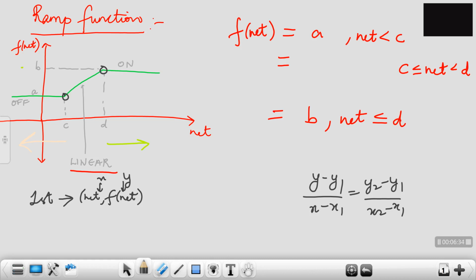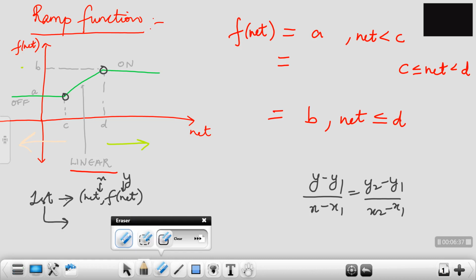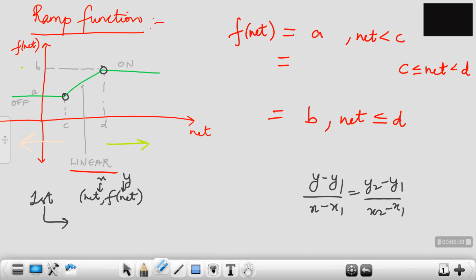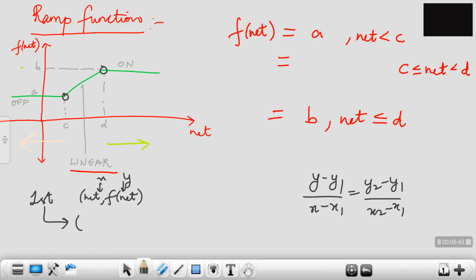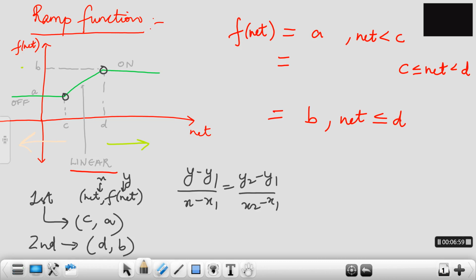So first point is nothing but C, that is here, C comma A. And second point is nothing but D comma B. So when I write this particular equation, this will be x1, y1, this will be x2, y2.